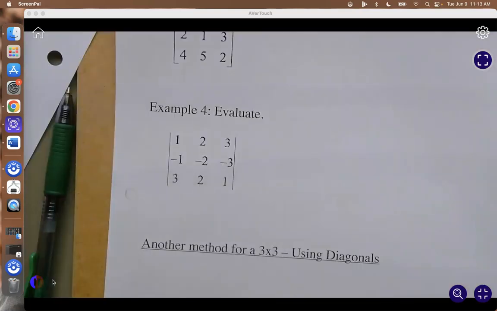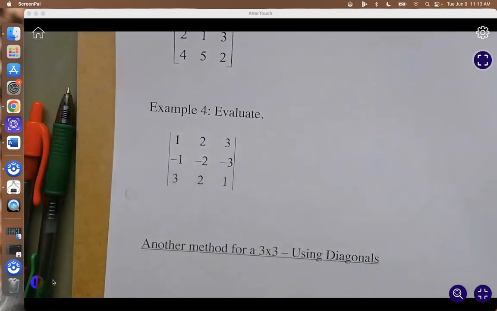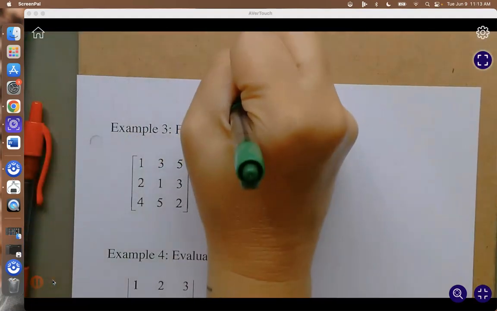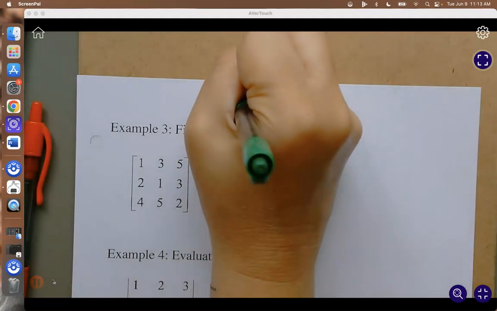Okay? So, here we go. So, I'm going to write the formula up at the top here.